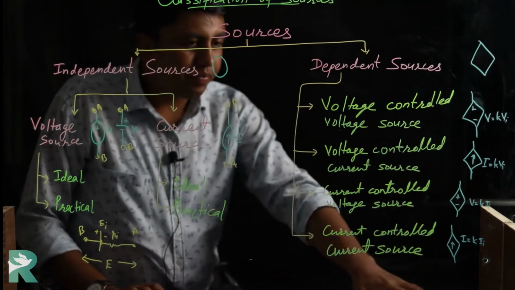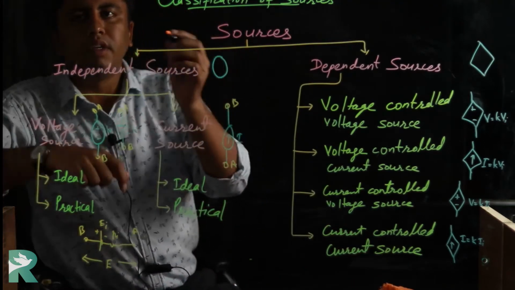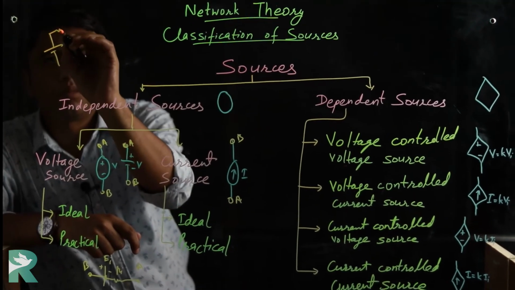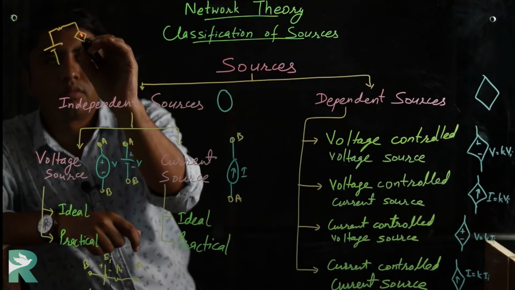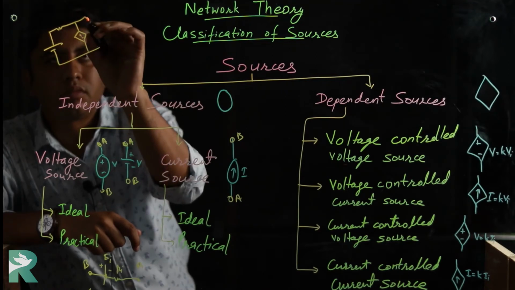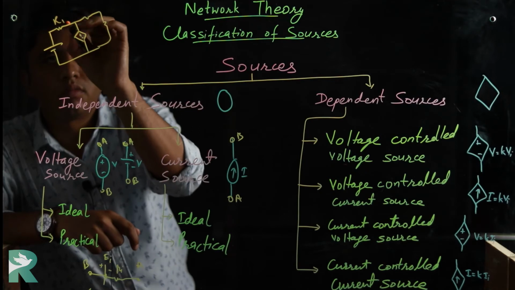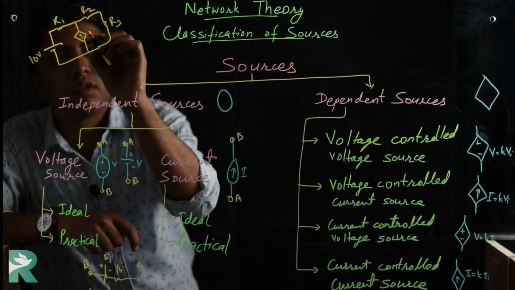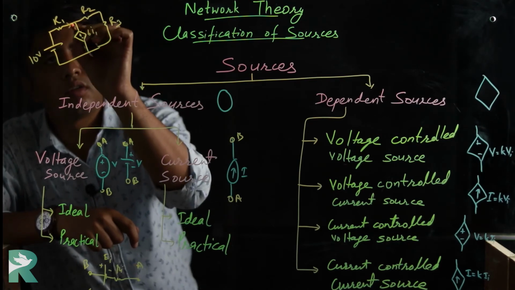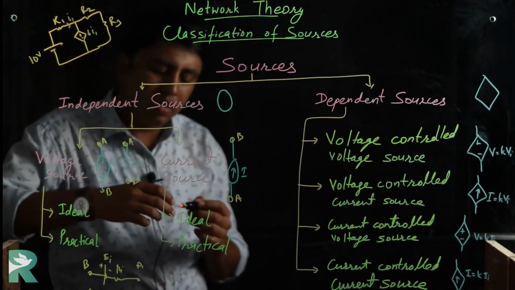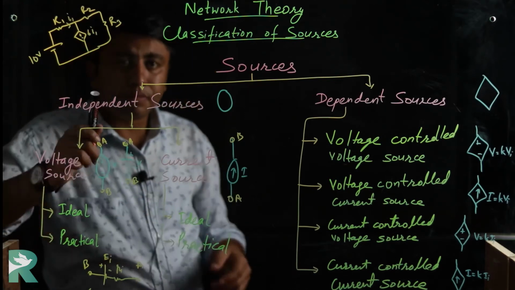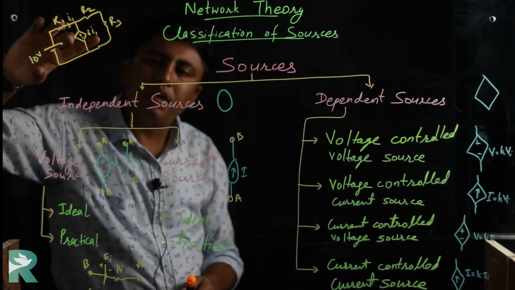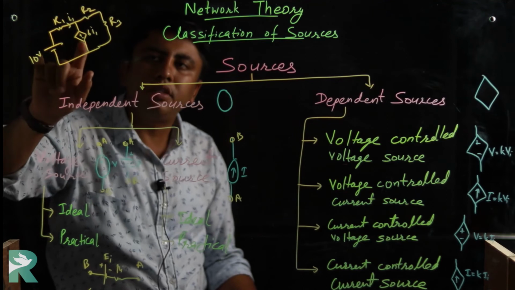For example, we draw a circuit. In this, this is an ideal or independent voltage source, and this is a dependent voltage source.